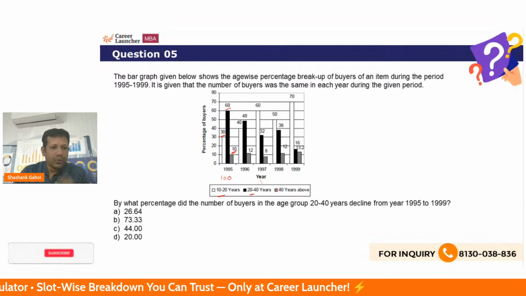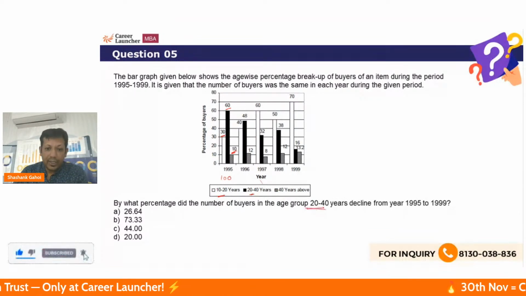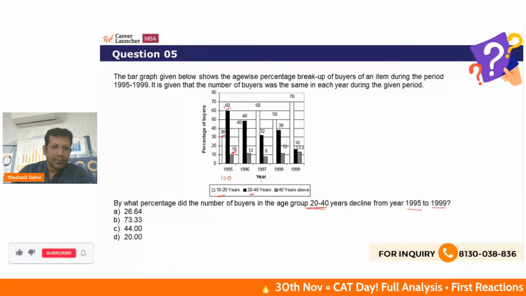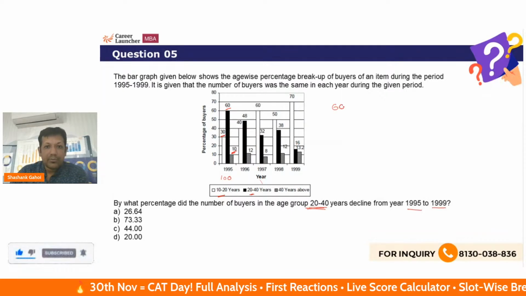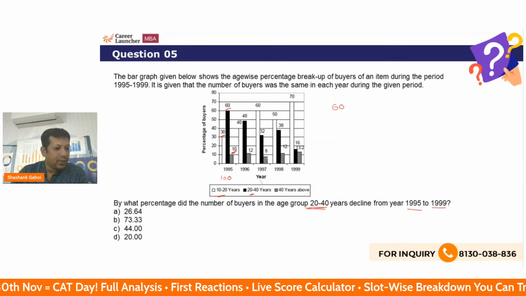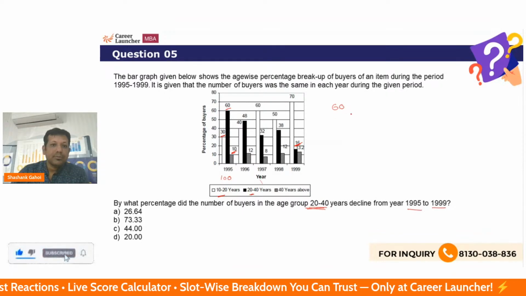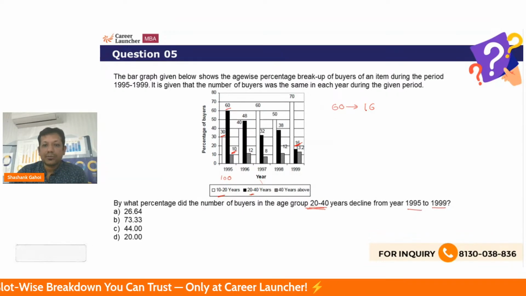Now I'm going to read the question. By what percent did the number of buyers in the age group decline from 95 to 99? In 95, what is the number of people in the age group of 20 to 40? That is 60. In 99, how much is it? That is 16. So I am going from 60 to 16.